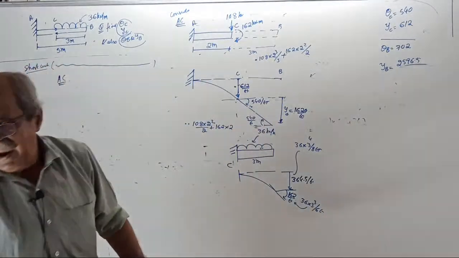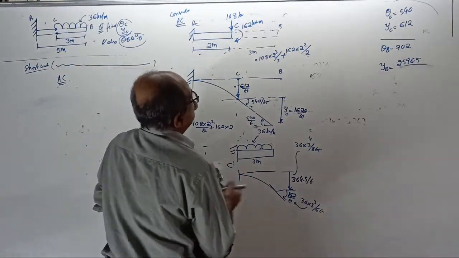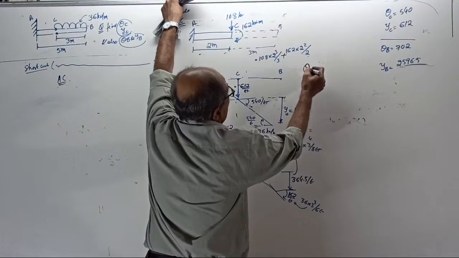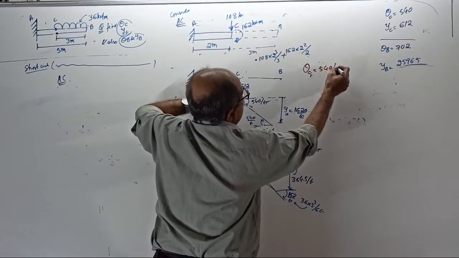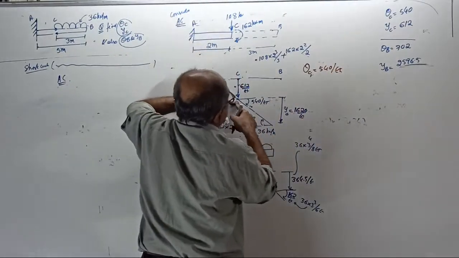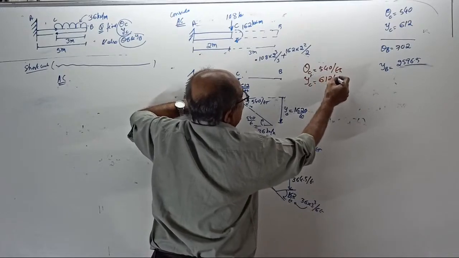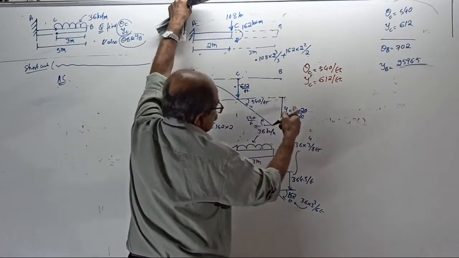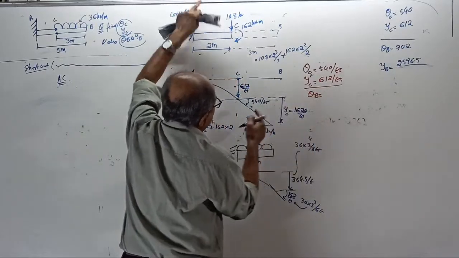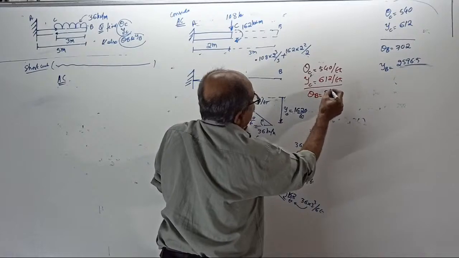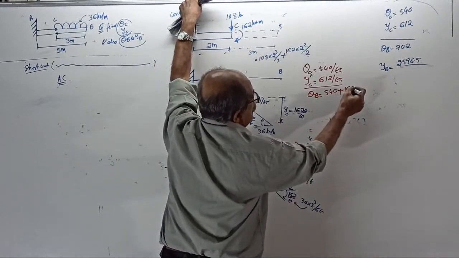Therefore, the final answer, whichever they want: your theta C is 540 by EI radian. If you want deflection at C, the answer is 612 by EI meter down. If you want the slope at the free end B, it is this slope of 540 plus an extra slope of 162 by EI.